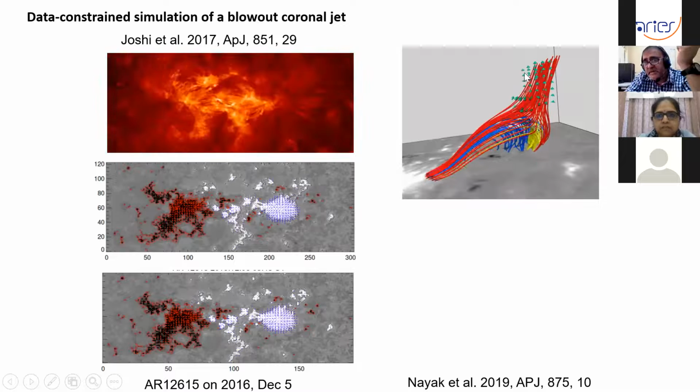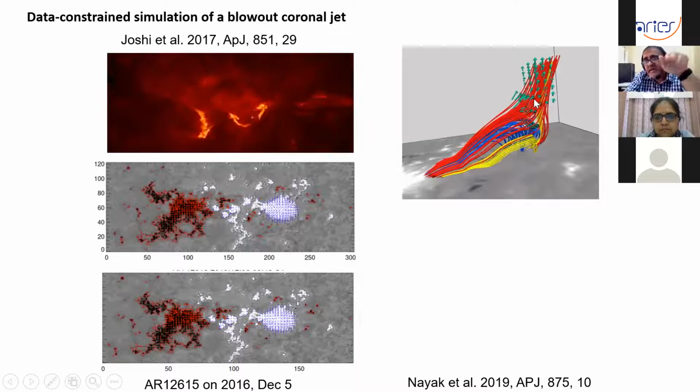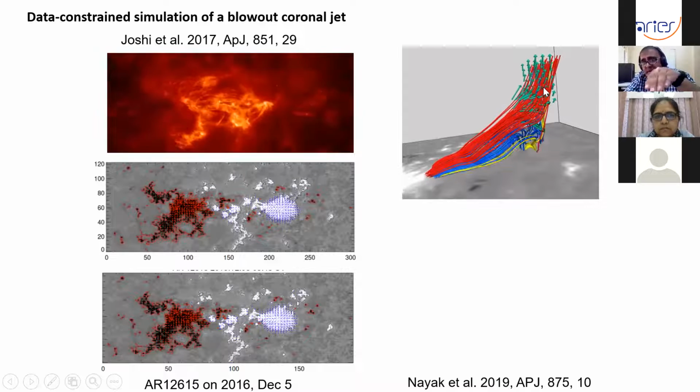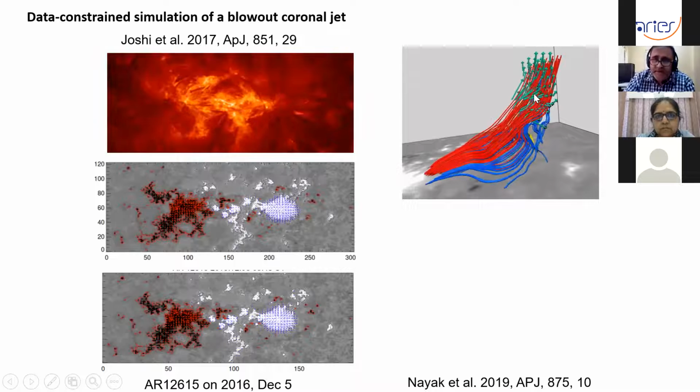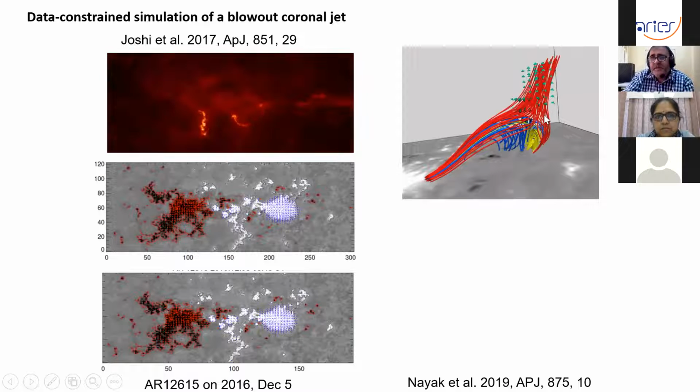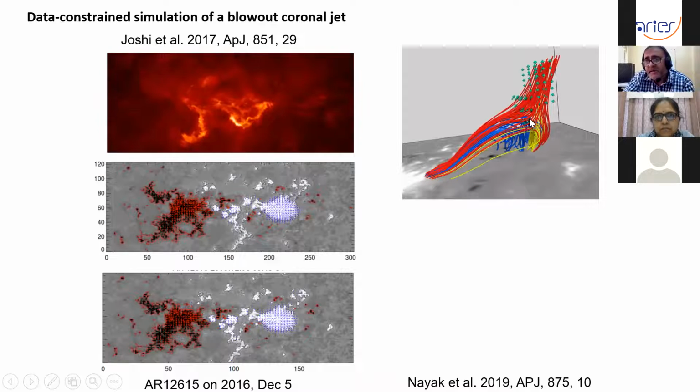So these green colored arrows are flows. They start to get aligned along the red colored field lines, which form the spine of this particular 3D null. The 3D null is located here and gives rise to the jet.